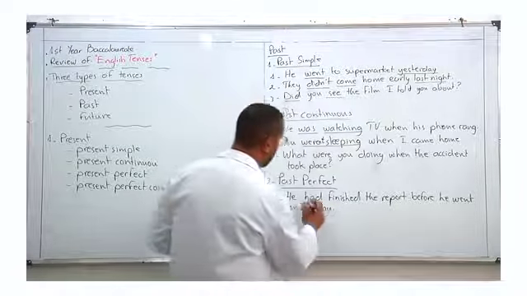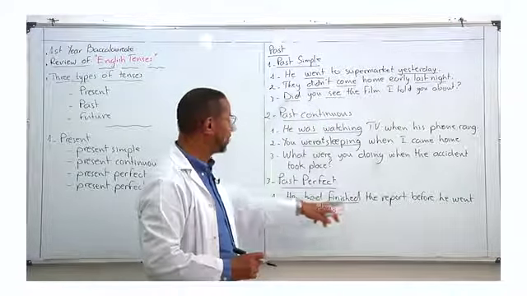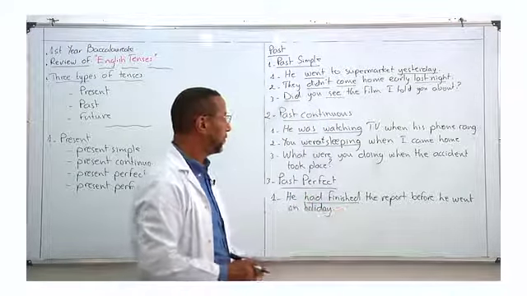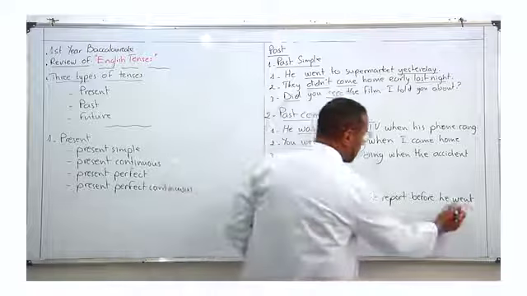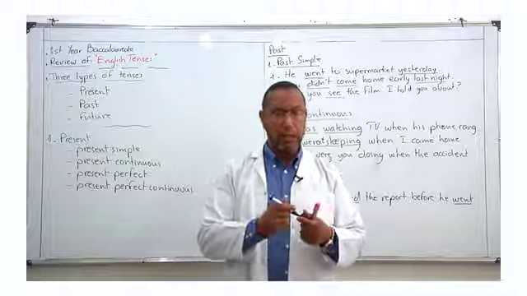Okay, so the past perfect is made with the verb have in the past, had, plus the past participle of the verb. Past perfect normally is used with the past simple.